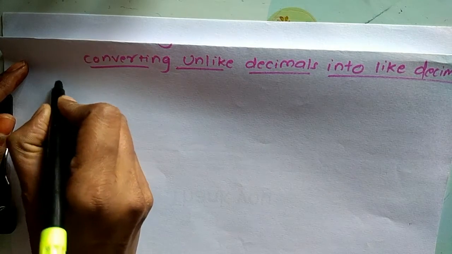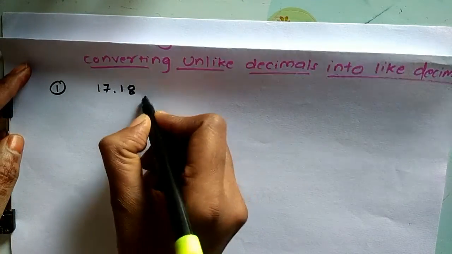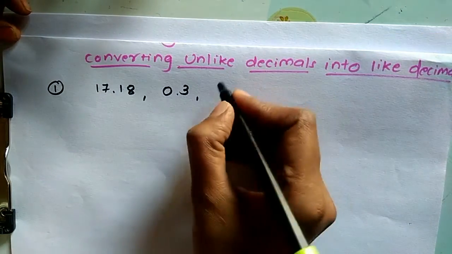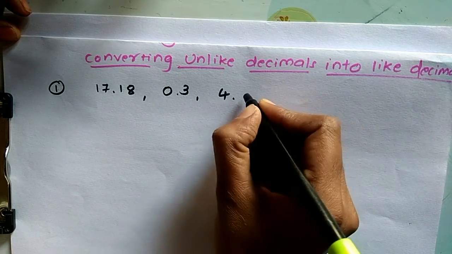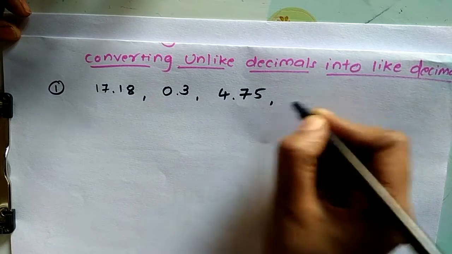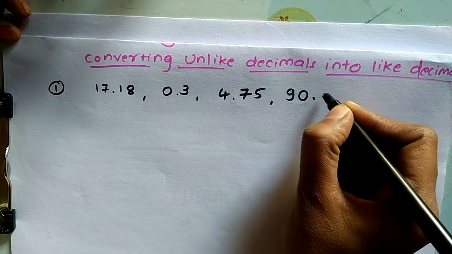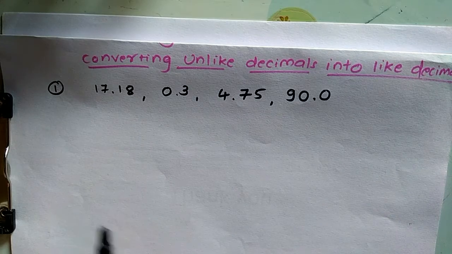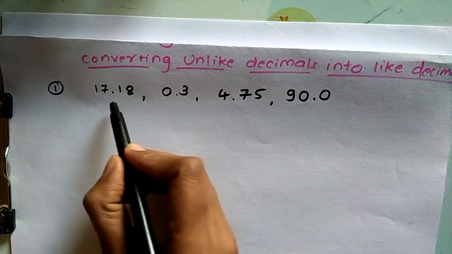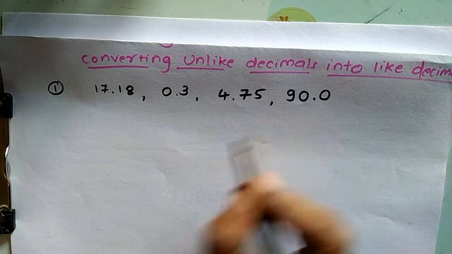Let us take here. So you can see here I have taken the 4 decimals: 17.18, 0.3, 4.75 and 90.0.